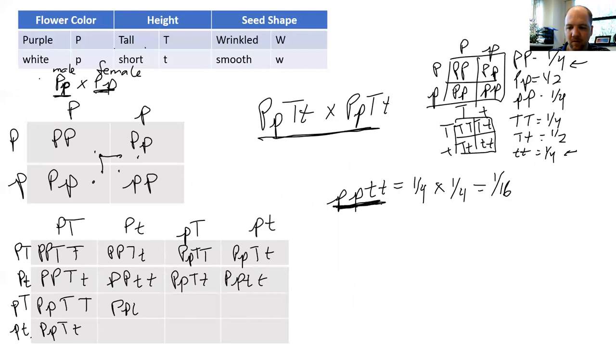Oops. Let's do big T and a small t there. Two small p's here. And there we go. So there's our Punnett square.